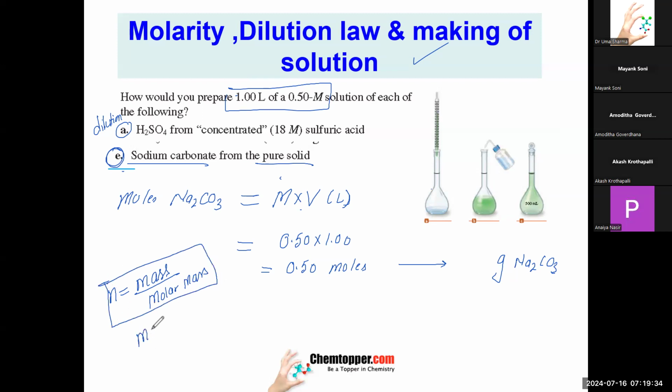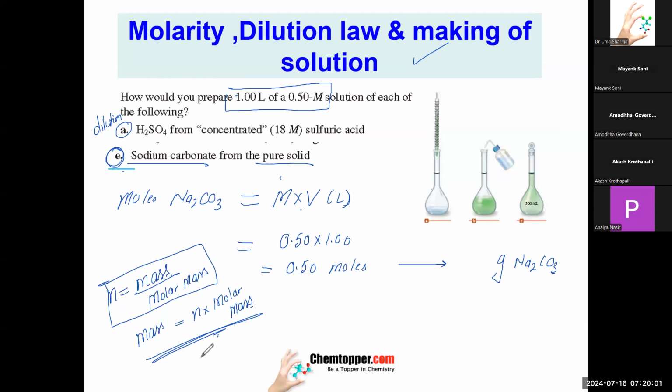So mass is n times molar mass. Start using this also, it's faster. Dimensional analysis will avoid these errors, what Ananya is doing right now, divide or multiply. Dimensional analysis straight away will tell you what you have to do.